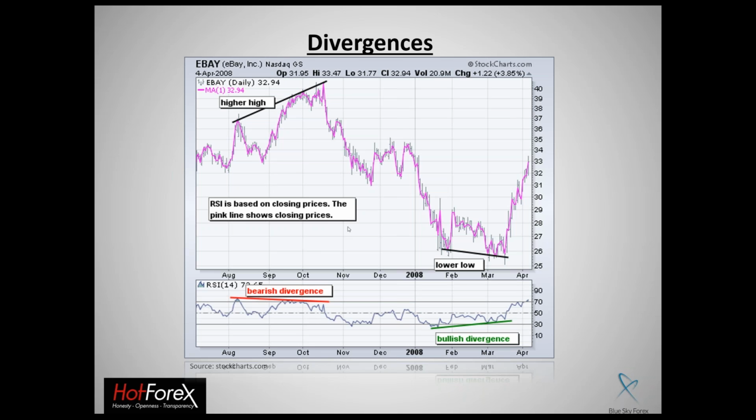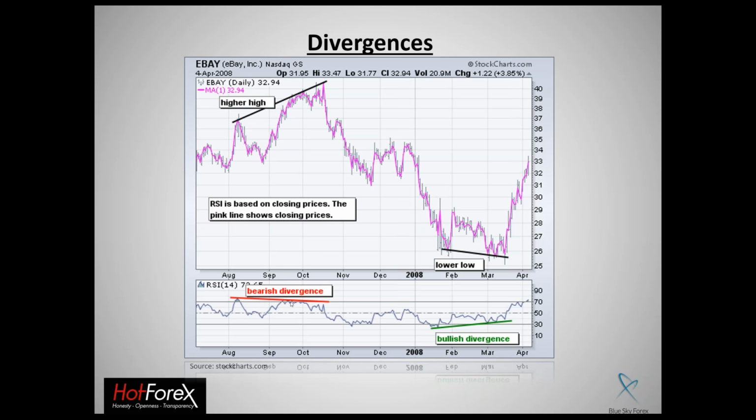So how to initiate a trade based on these divergences? Something you can do, you can also see this on the RSI here, that as it is creating the bearish divergence, as it is creating these lower highs consistently, at the point the RSI is crossing the 50 line, okay?